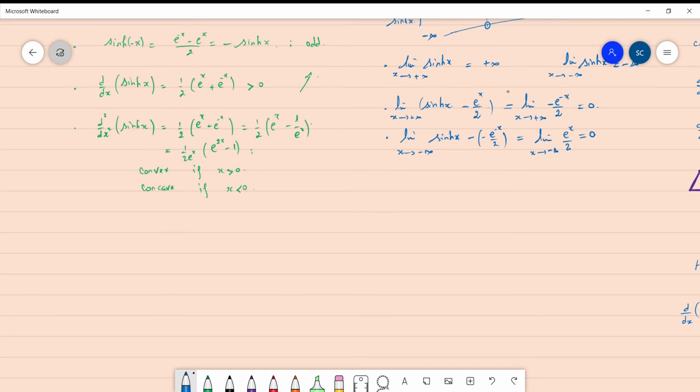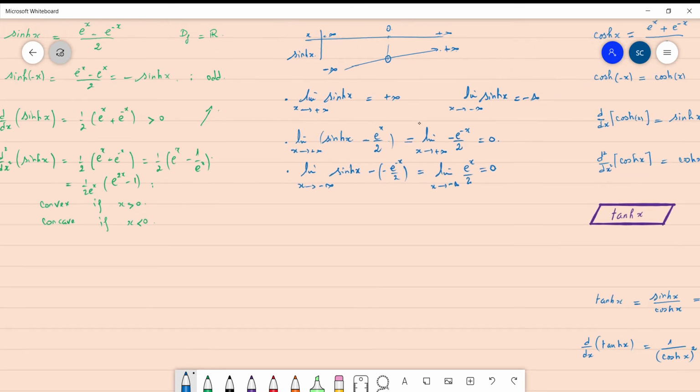So now we can graph our function. Maybe I can use another color, let's use the red one. Here it is, x and y. We said that our function is odd, so it's enough to graph it on one side, from 0 to plus infinity, then deduce by symmetry about the origin.